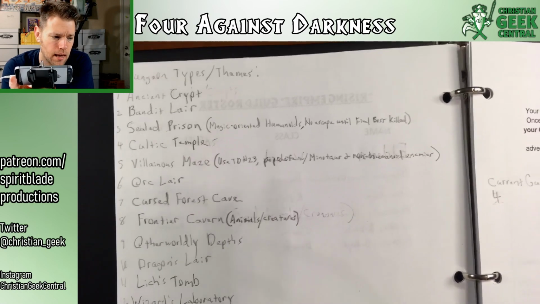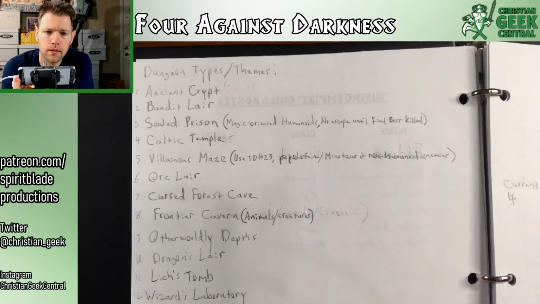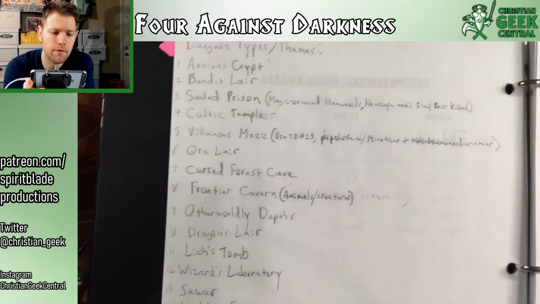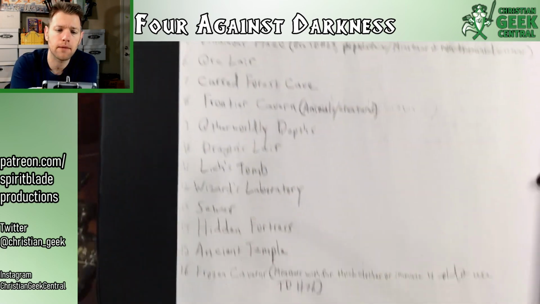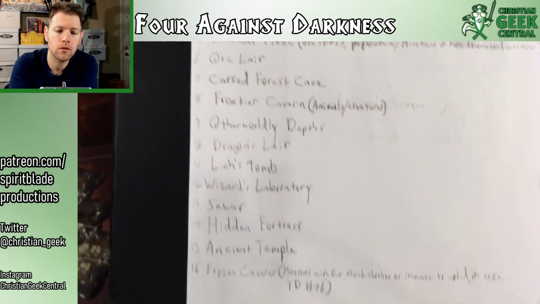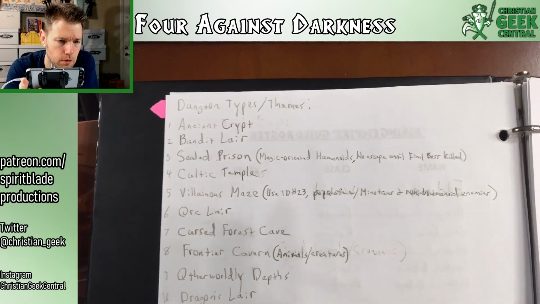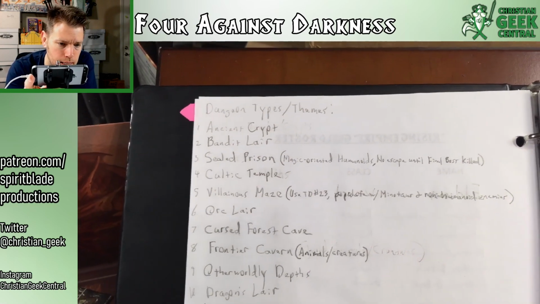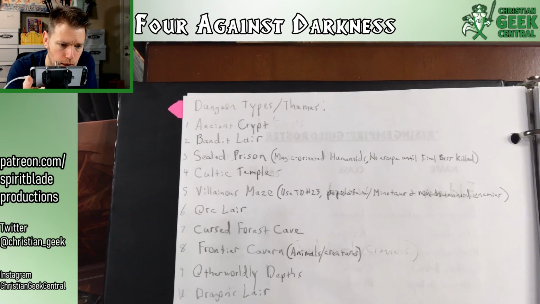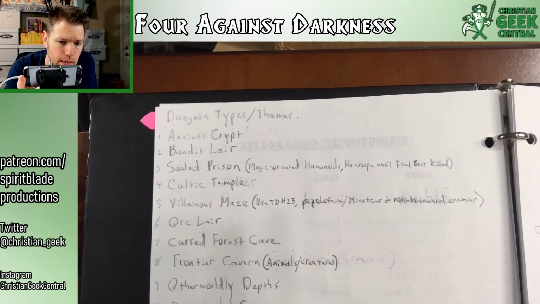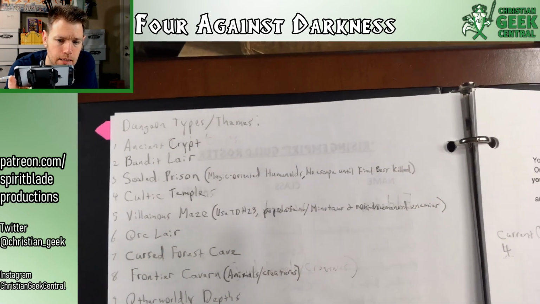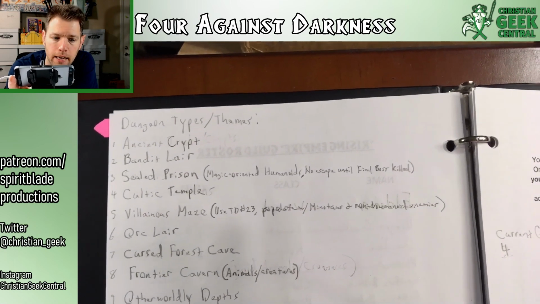And let's see here. So dungeon types and themes. I'm working on this being a D20 list. I've only got 16 right now. But it could be an ancient crypt, a bandit lair, a sealed prison, with a note that says magic-oriented humanoids. You can't escape until the final boss is killed. I kind of like that idea.